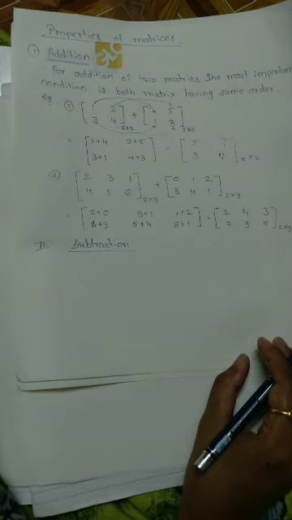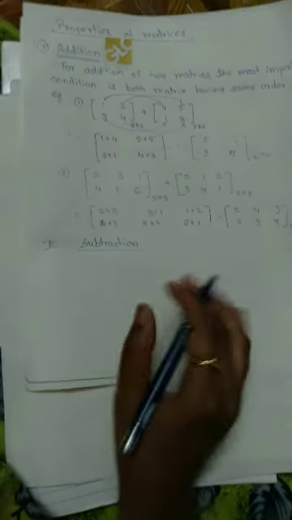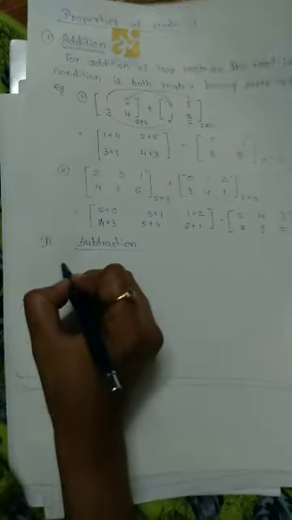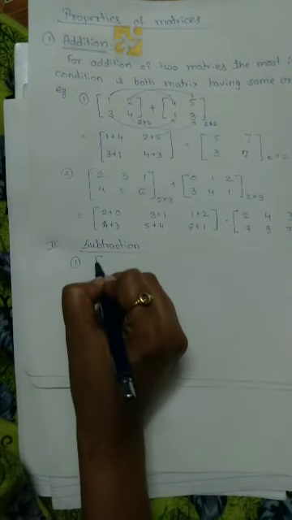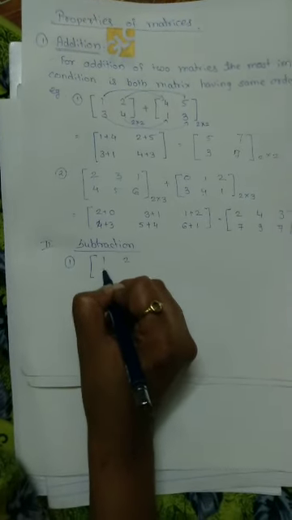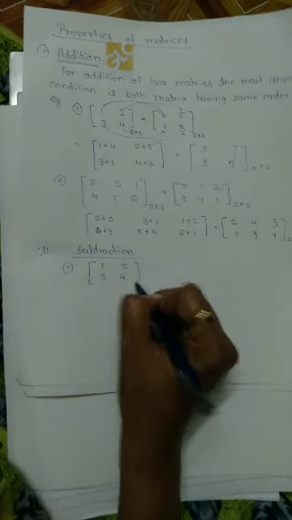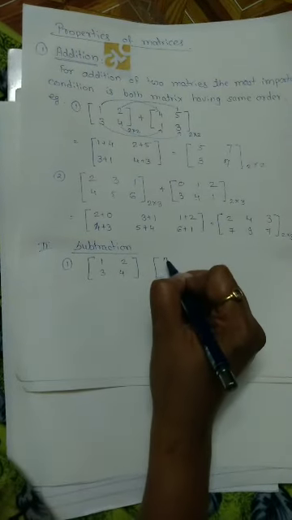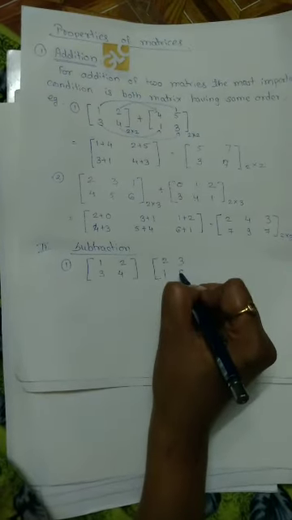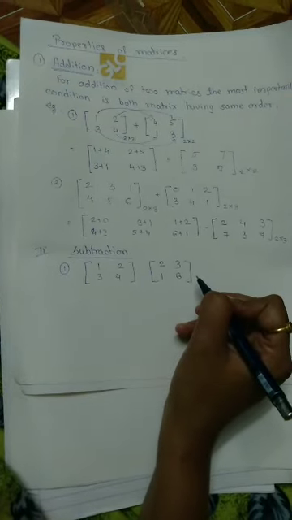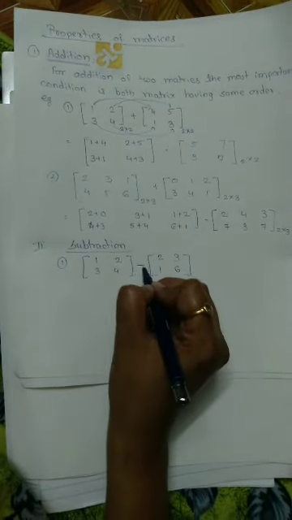Suppose this is our first matrix, 1 2 3 4, and this is our second matrix 2 3 1 6, and we want to subtract these two matrices.